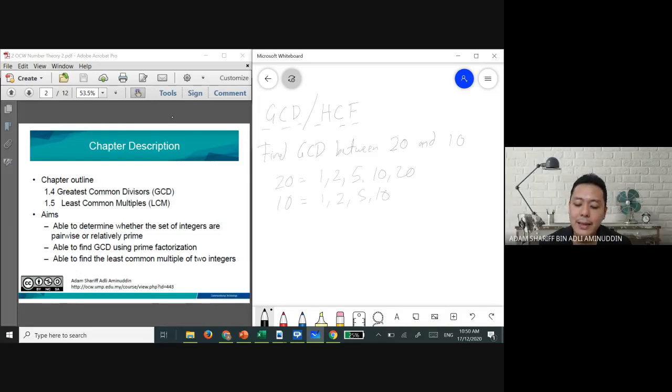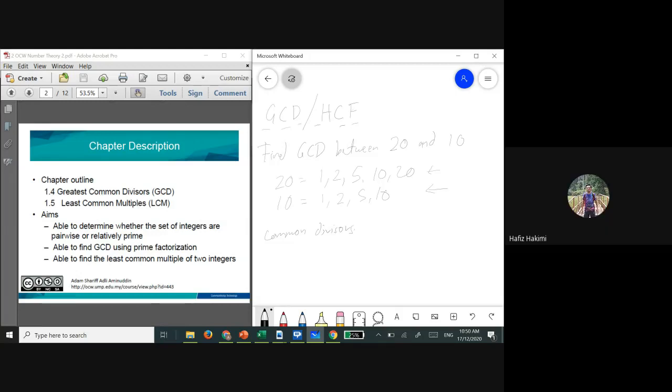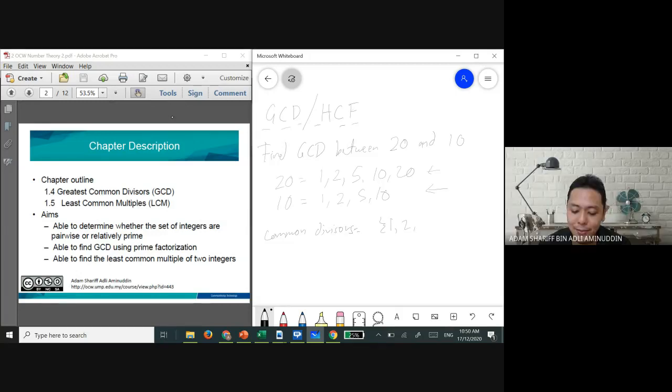And between these divisors, which are the common ones? Saya tak pergi greatest lagi. Common divisors: 1, 2, 5, 10. And between these sets of common divisors, which one is the greatest one? Kita dapatlah satu saja nilai, 10. Okay.